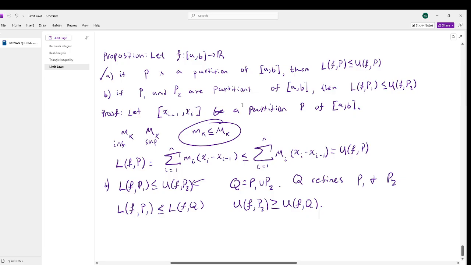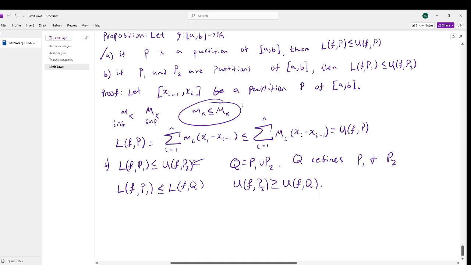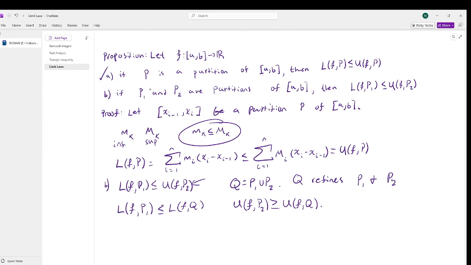To solidify this, we recall from the first part of this proposition that we proved that L(f, P) for some partition is less than or equal to U(f, P) for the same partition P. So clearly L(f, Q) is less than or equal to U(f, Q).